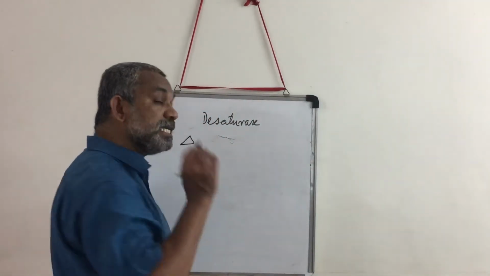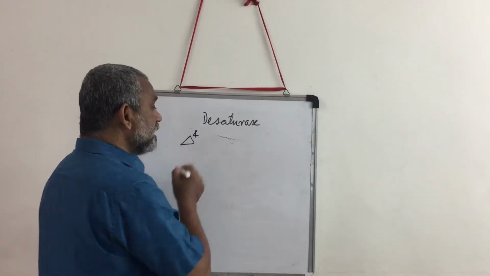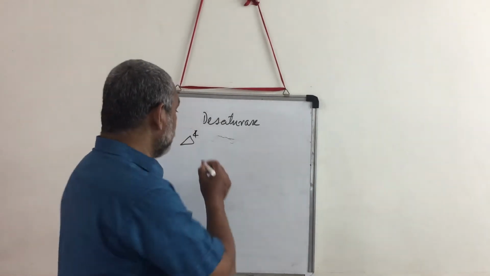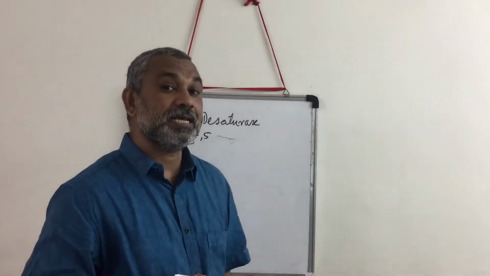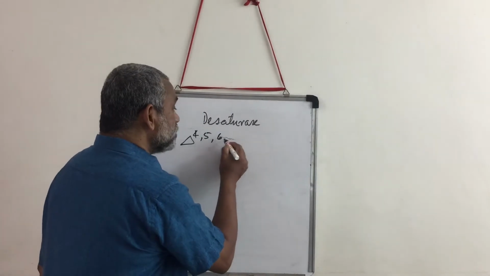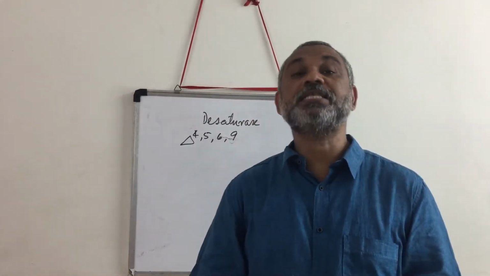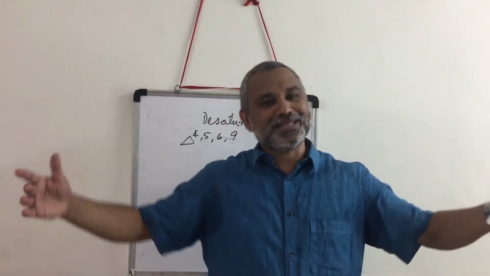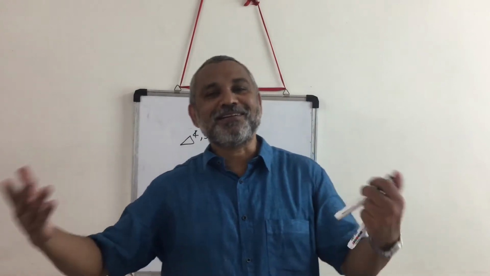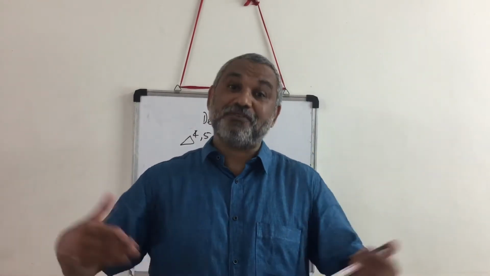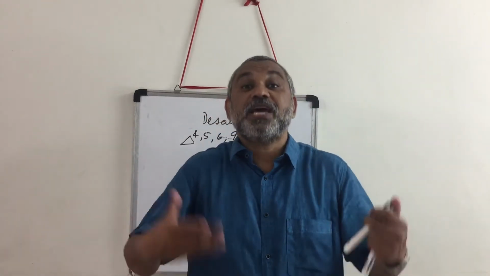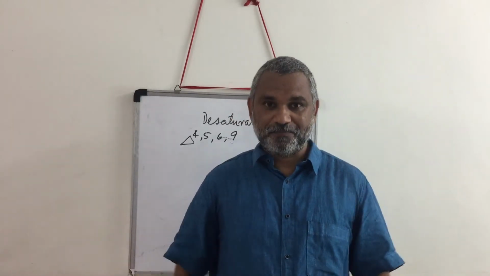Therefore, there are desaturases that can create a double bond at the 4th position, the 5th position, the 6th position, and the 9th position. These are the desaturases present in the mammalian system. Plants have other desaturases. They can create double bonds at the 12th position, 15th position, etc., which we are not able to generate.